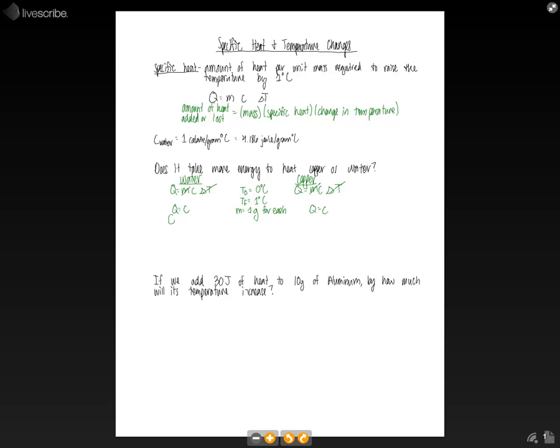And so like we said before, for water, our specific heat value is 4.186 joules. And if we look up the specific heat of copper, we will find that it is 0.385 joules. So this tells us that water requires more heat energy to raise its temperature.